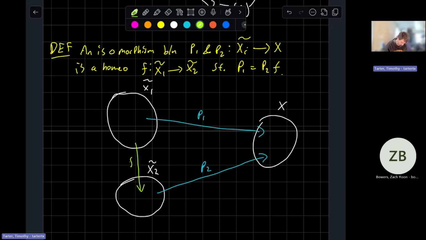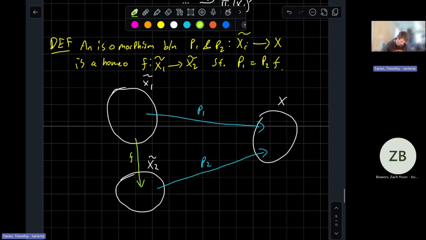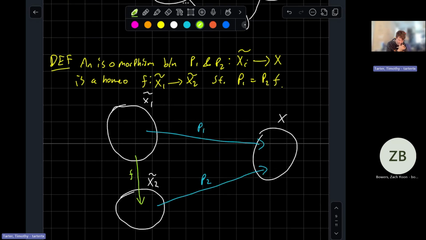Then we have this homeomorphism that commutes.